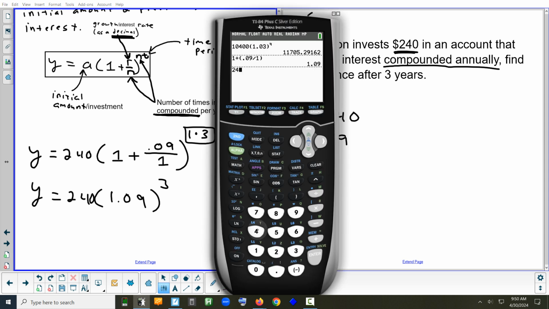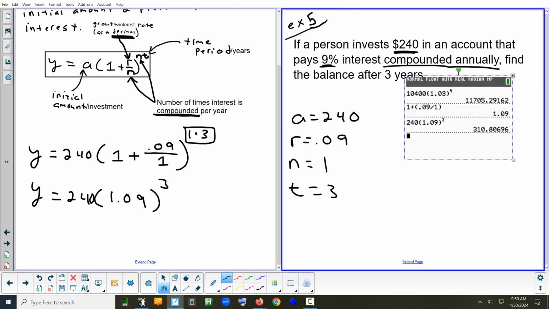All right, so type that in, 240, parenthesis, 1.09. Make sure you close the parenthesis. That's the button for exponent. It's the same as the calculators I let you guys use. And then it's a 3. So, based on this, if you leave your money in the bank for 3 years and you come back and look at it, instead of having $240, you'll have that much money.